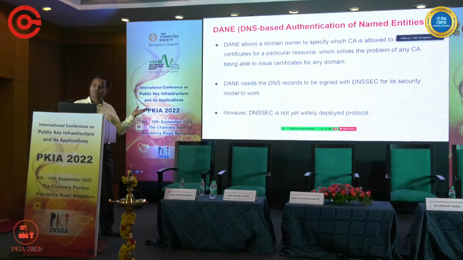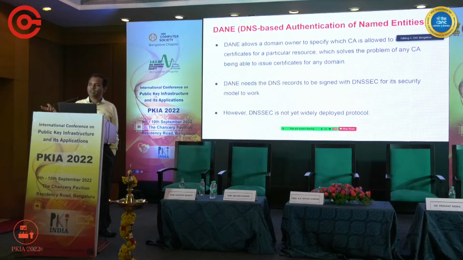Similar to X509 roots, there are roots in the DNS protocol also. DNSSEC is a protocol which ensures that your domain is not hijacked. And DANE is an approach which allows domain owners to specify which CA is allowed to issue a certificate for a particular resource. So assume I have resources like web apps facing the internet or some other devices facing the internet, I can explicitly say, or particularly this is used for mail servers.